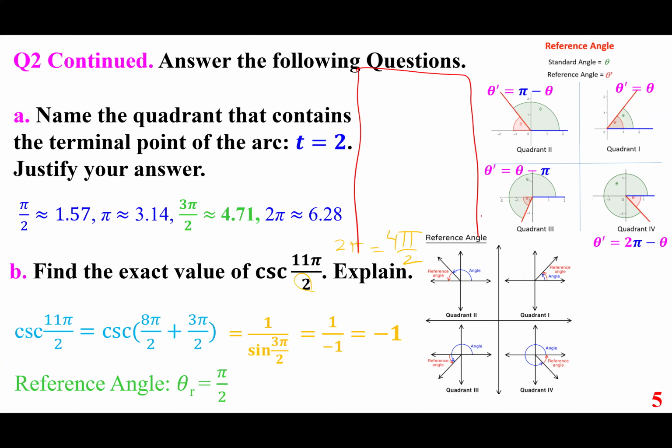We have the quadrantal angles that are 0 degrees, 90 degrees, 180 degrees, 270 degrees, 360 degrees. Then we have angles in between, such as 30 degrees, 45 degrees, 60 degrees. This is the first quadrant, and you should be able to tell.